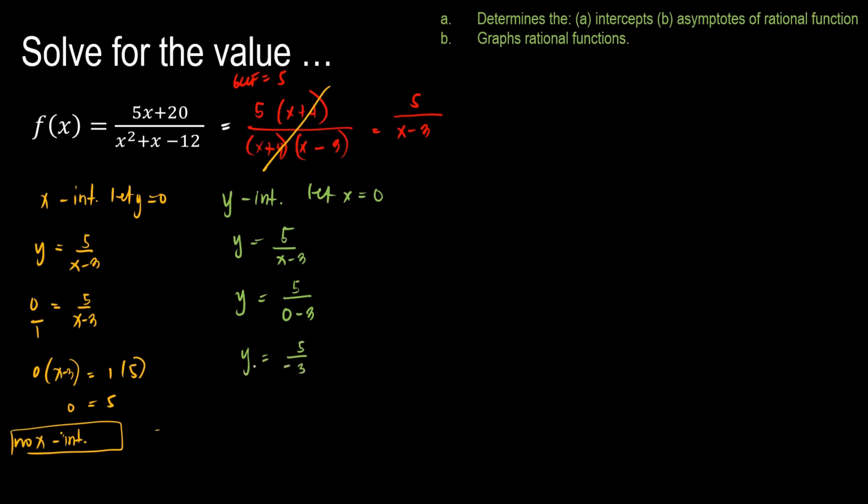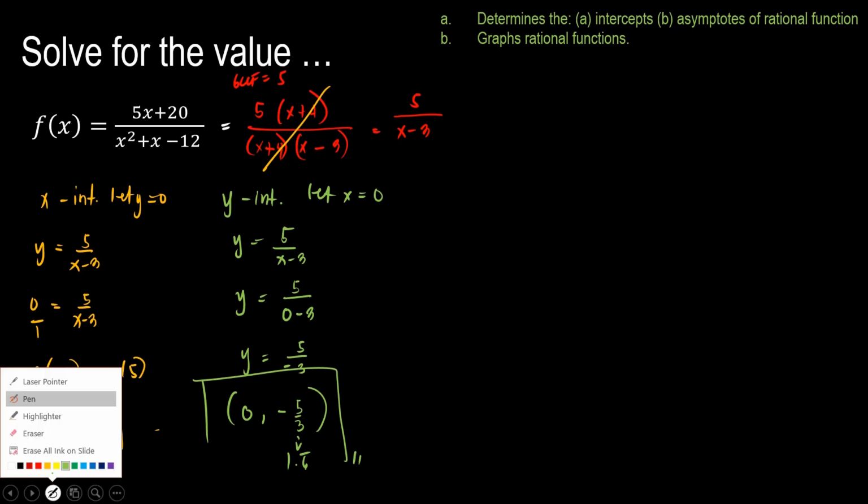So therefore, our y-intercept, given that x is equal to 0, we have negative 5/3. Okay? So by the way, ano ba si 5/3 in decimal? Equivalent to decimal, we have 1.6666, okay, or 1.67. Okay, now let's have the vertical asymptote.